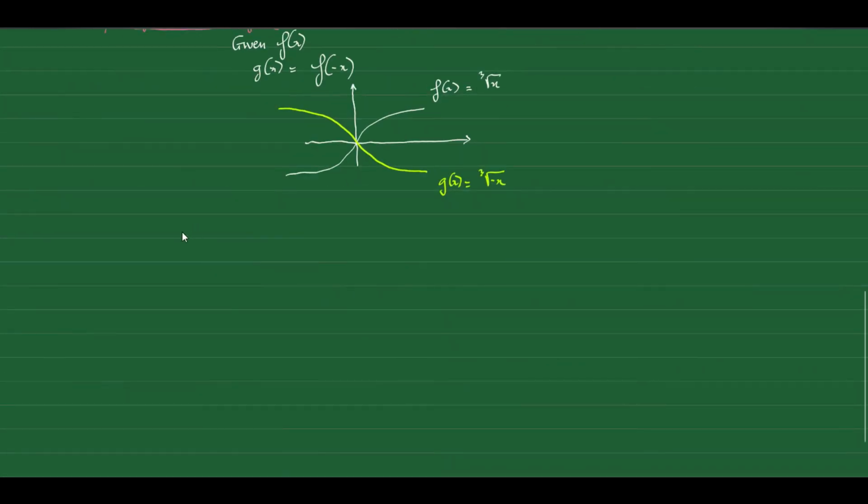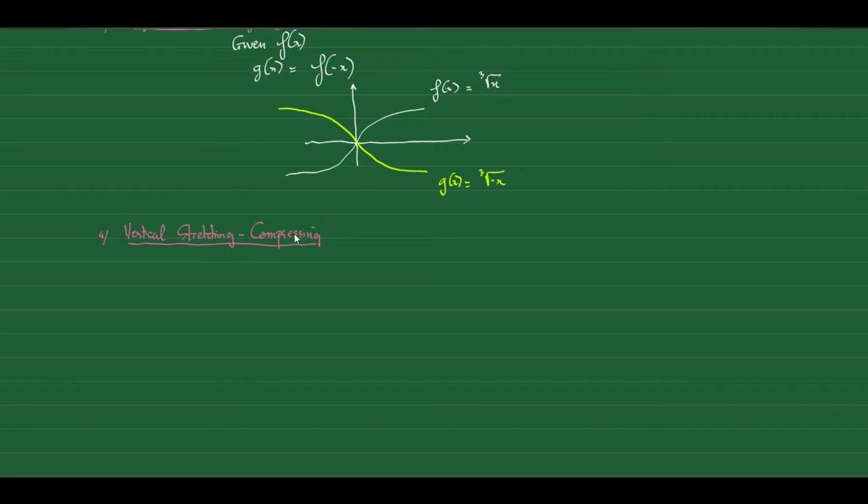Now the fourth type of transformation is vertical stretching and compression.